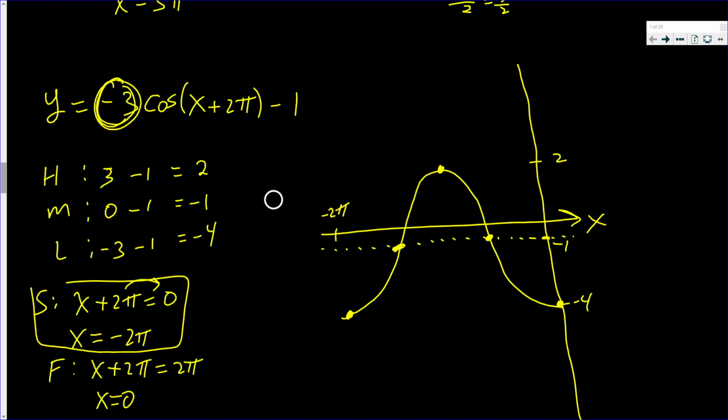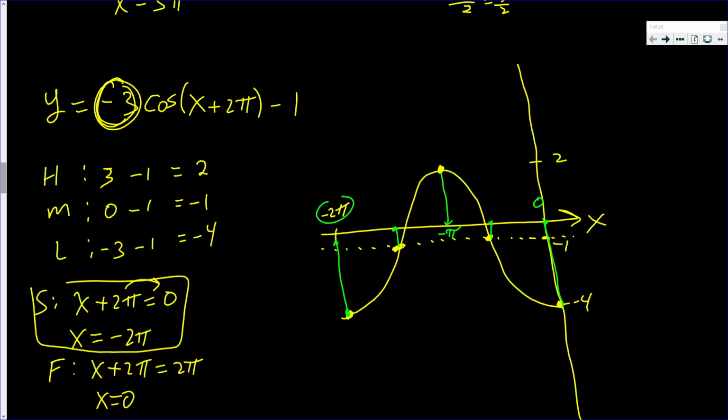And that's that. Okay. Now I need to find, well, I found this x value. I need to find this x value, and this x value, and this x value. I already know it's 0. Oh, and I need to find that x value. Well, what's in between 0 pi and -2 pi?